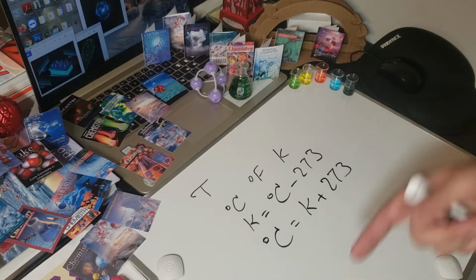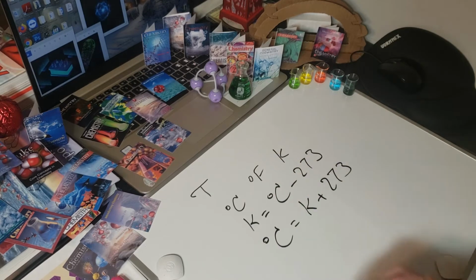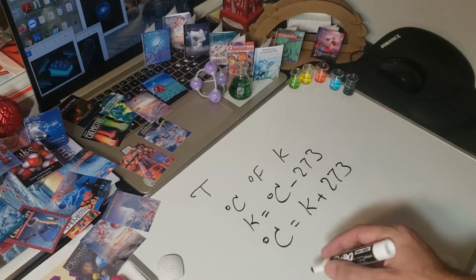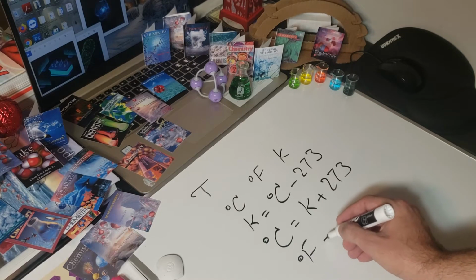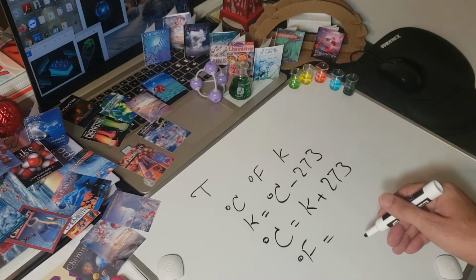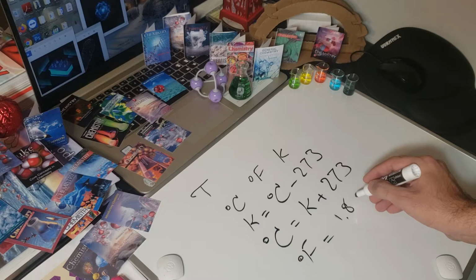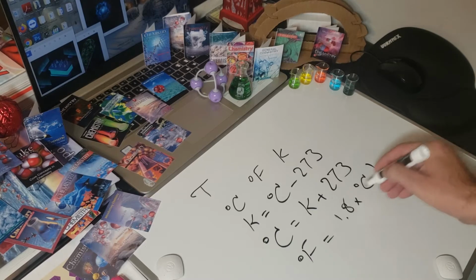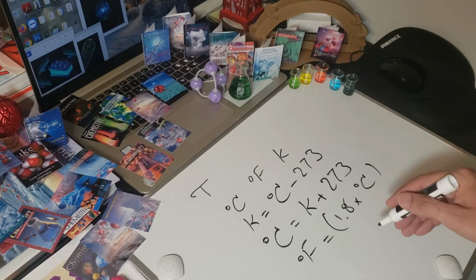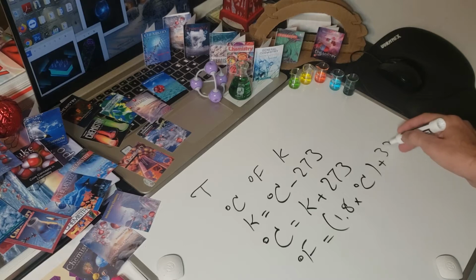For centigrade to Fahrenheit, degree Fahrenheit would then be 1.8 times degree centigrade plus 32.